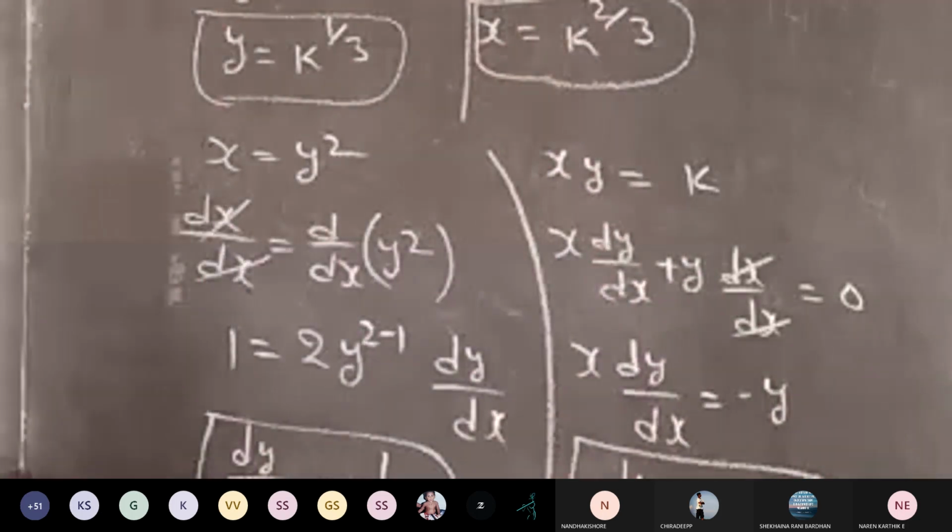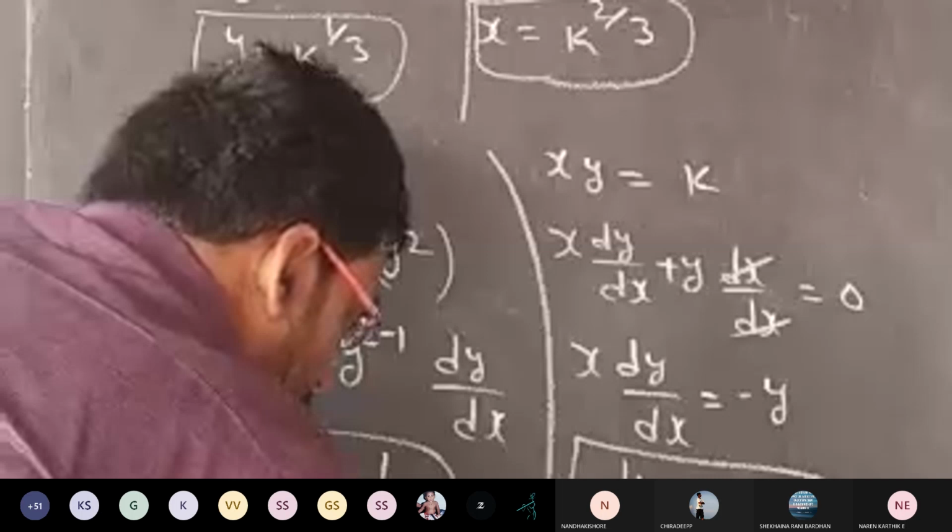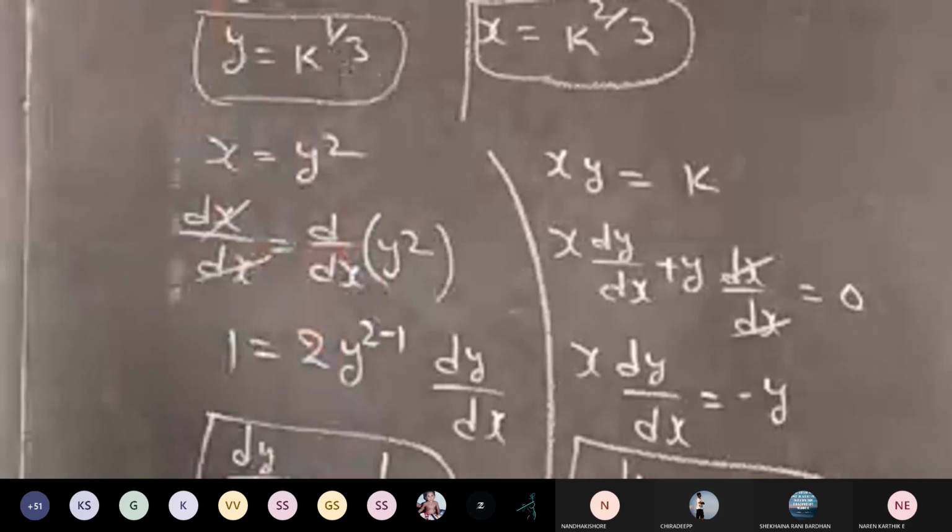So now dx will get cancelled. So x into dy by dx is equal to minus y. dy by dx is equal to minus y by x. So this is the slope m2. You got m1 and m2. Here what is the condition? Parallel. Parallel means m1 into m2 is equal to minus 1.